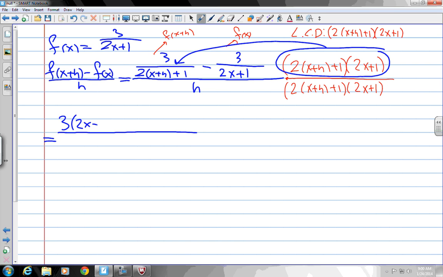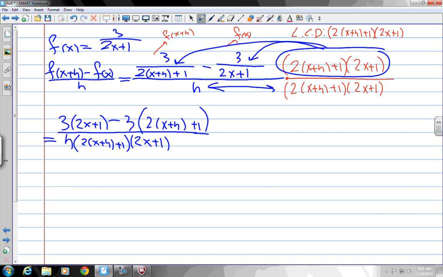Minus, we do the same thing again, 2x plus 1 cancels, and we're left with 3 times 2 times x plus h plus 1. All over, now here is just a straight up product, nothing fancy going on. Nothing cancels, so that's just h times 2x plus h plus 1, 2x plus 1.